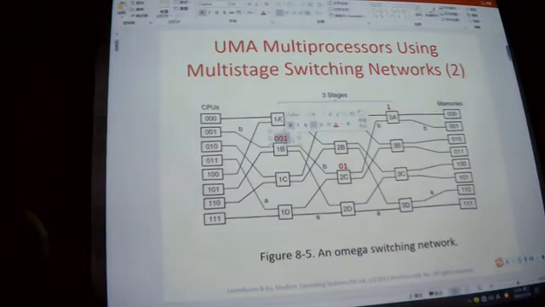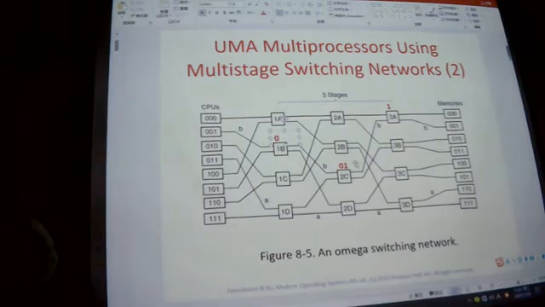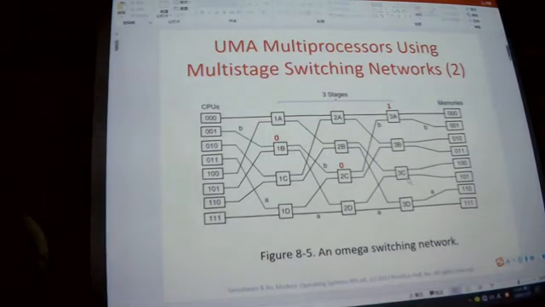This handles 0, this handles 0, this is 1, okay? 0, 0, 1. And 2 output lines each.